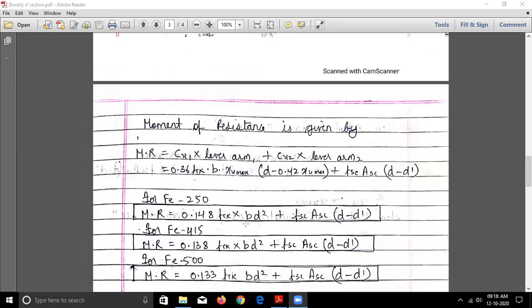Now for Fe250, what is MR for a balanced section? If you solve this for Fe250 by putting the value of XU max, you will get this.